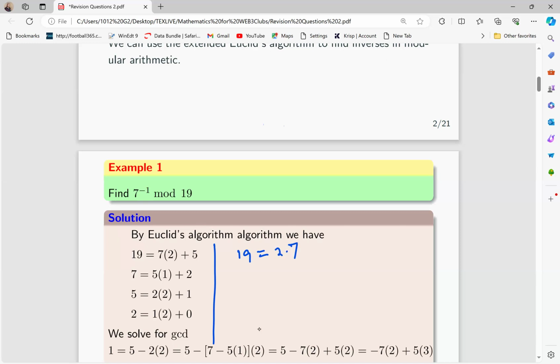It goes there 2 times, and the remainder is 5. Then what about 5 into 7? 5 will go into 7 once, and the remainder will be 2. What about 2 into 5? It goes there twice, and the remainder will be 1.